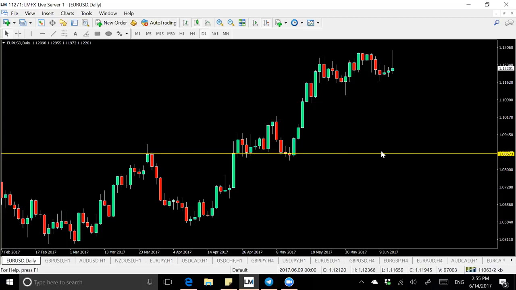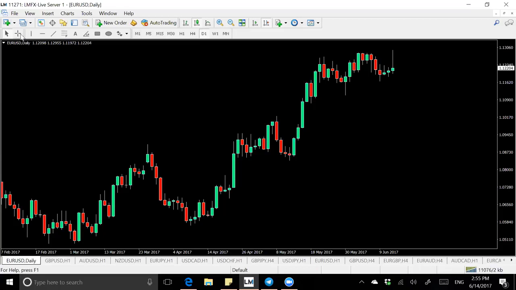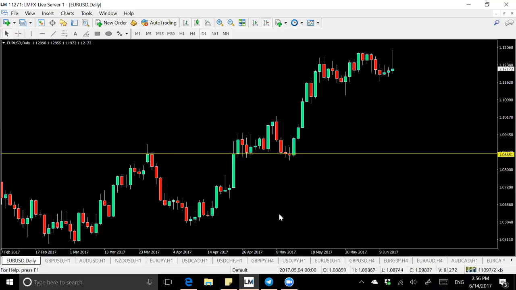Now, let's say we're trading the daily Euro USD here, and we want to plot our support and resistance. One support and resistance we can clearly see is this right here.